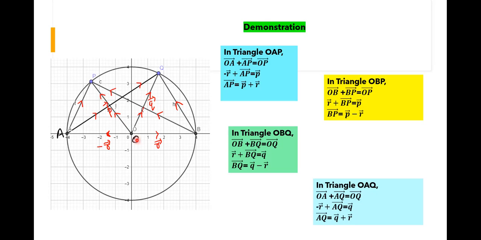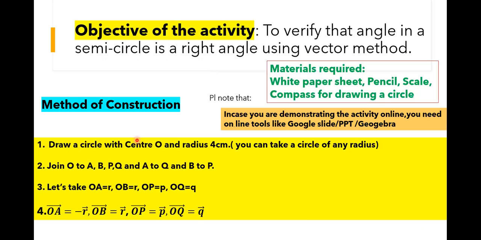So now just let me go to the previous slide. Yeah. So we have to follow these 4 steps. First, draw the circle with center O and radius of any measurement of your choice. Draw O to A, B, P, Q and A to Q and B to P. Right?